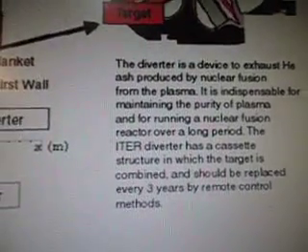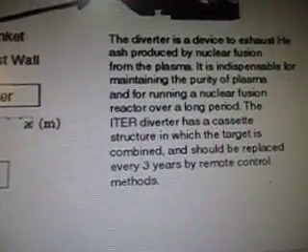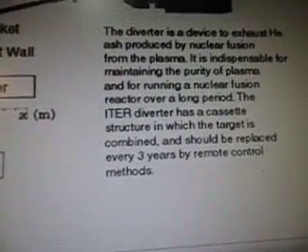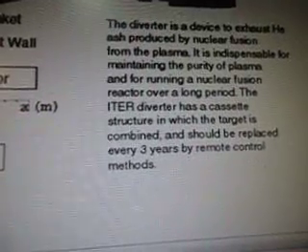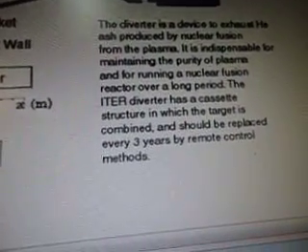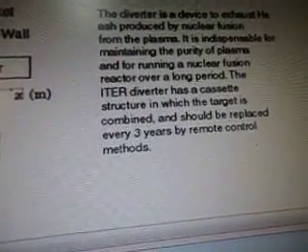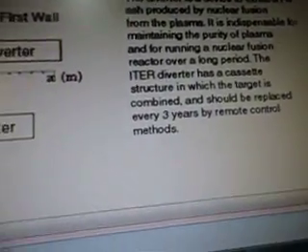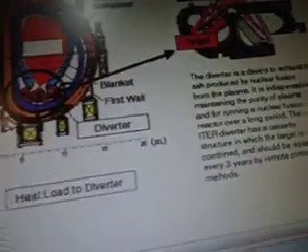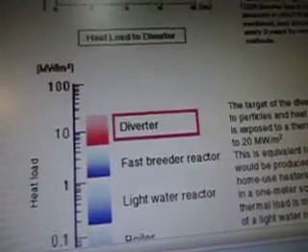He-ash produced by nuclear fusion from the plasma. It is indispensable for maintaining the purity of plasma and for running a nuclear fusion reactor over a long period. The ITER diverter has a cassette structure in which the target is combined and should be replaced every 3 years by remote control methods. And they use a remote control to do it.